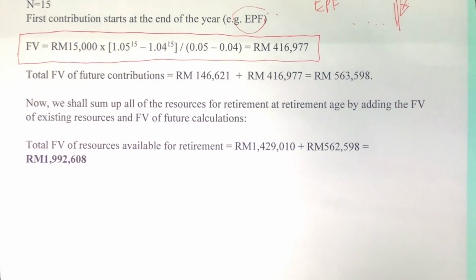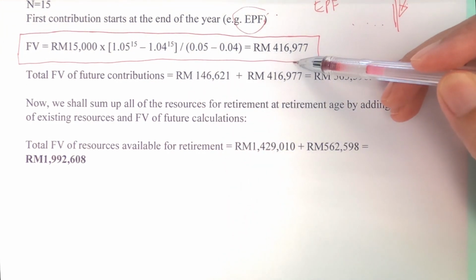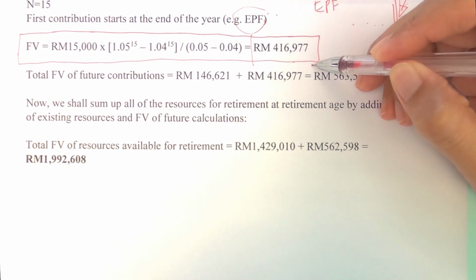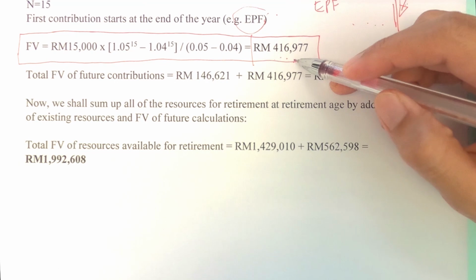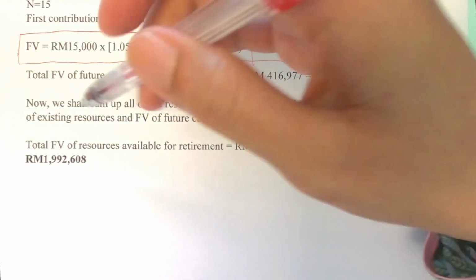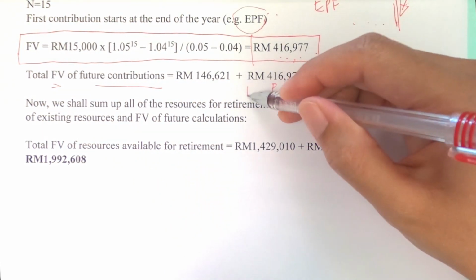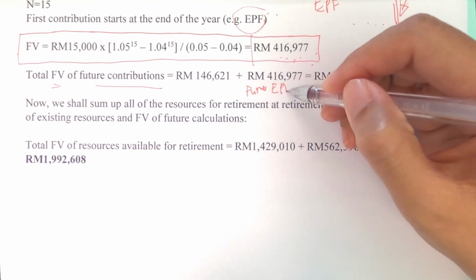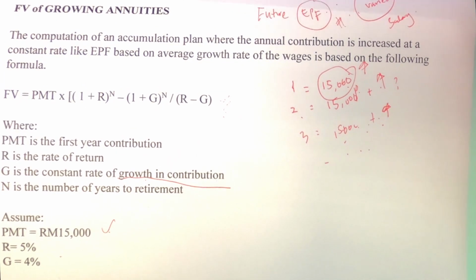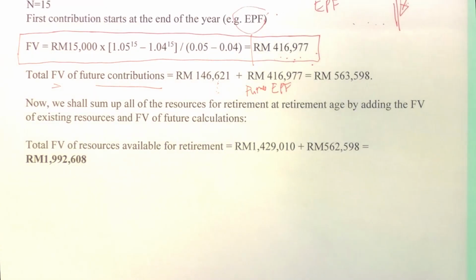You have to apply this formula and do the calculation, and at the end of this formula you can get the future value amount, that is 416,977. Therefore, the total future value of future contribution includes this one, which is the future EPF, and this one is actually the unit trust, 146,621.